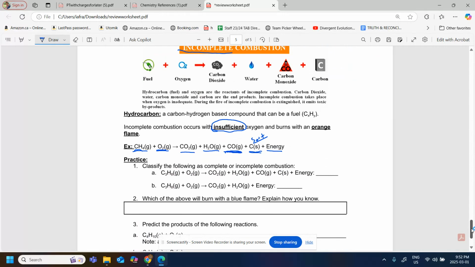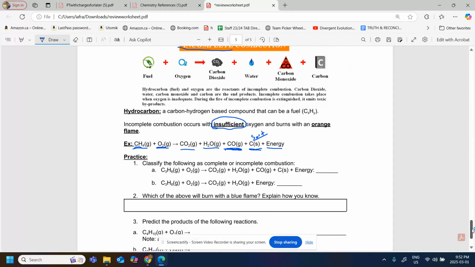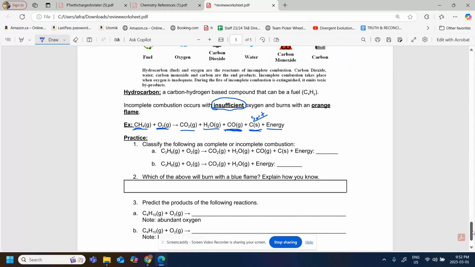So, with that knowledge, you're going to classify the following reactions as either incomplete or complete combustion reactions. You'll notice they both start off the same way, so you have to analyze their products. Here you have CO2 and H2O and energy. So we know the ones with just CO2 and H2O and energy, that's a complete combustion, and it's a blue flame.